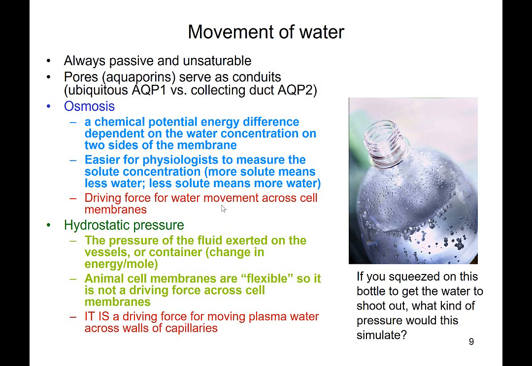But osmosis is movement of water based on a water concentration across a cell membrane, the difference of water concentration. This osmotic pressure is the driving force for water movement across cell membranes. That's in striking contrast to the water moving in plasma to the interstitial space across capillary walls.